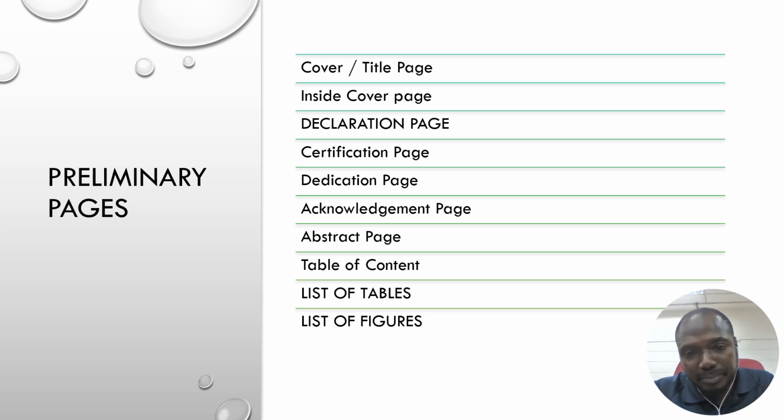Then the declaration page. For the declaration page, you just write that this is to declare that this research project titled, then you put the title of your project, was carried out by, for example, I only know one person inside the group who is Anne Sani, is solely the result of my work, except where acknowledgement has been derived from other persons or resources.